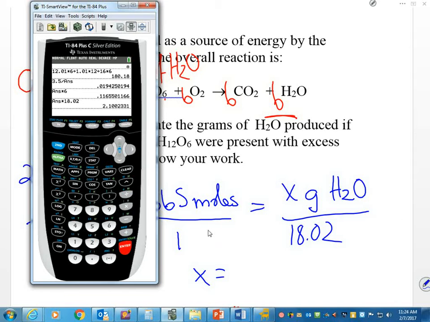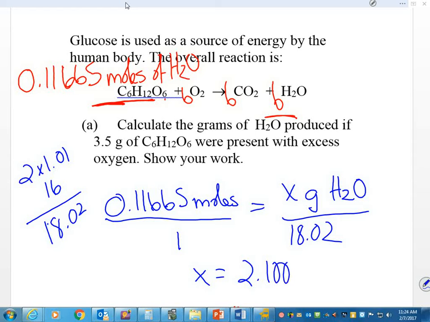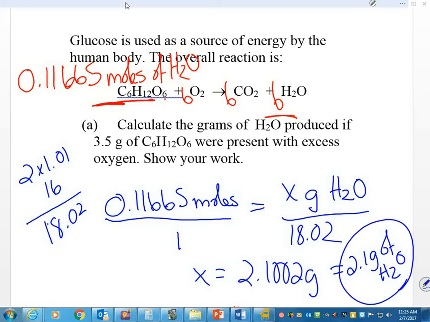Gives me 2.1002. Now, how many sig figs can I have? 2. So my answer is 2.1 grams of H2O. You should always put what substance you calculated in your answer.